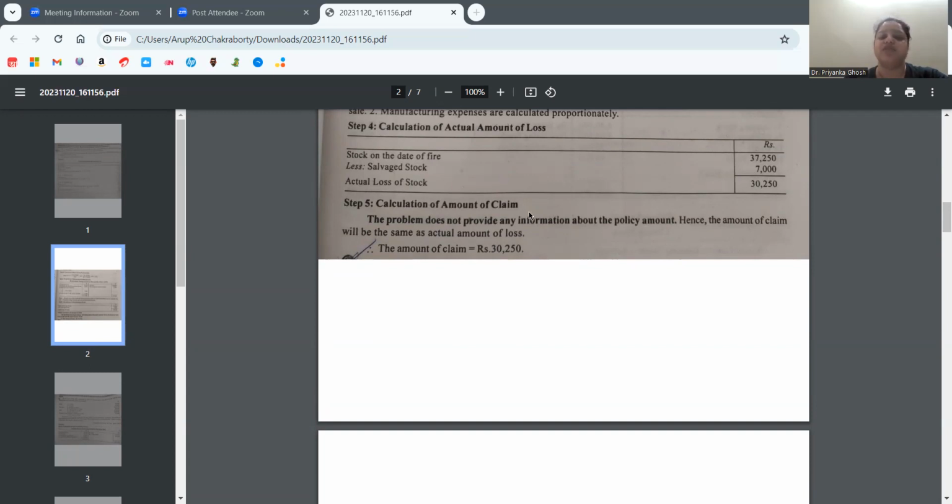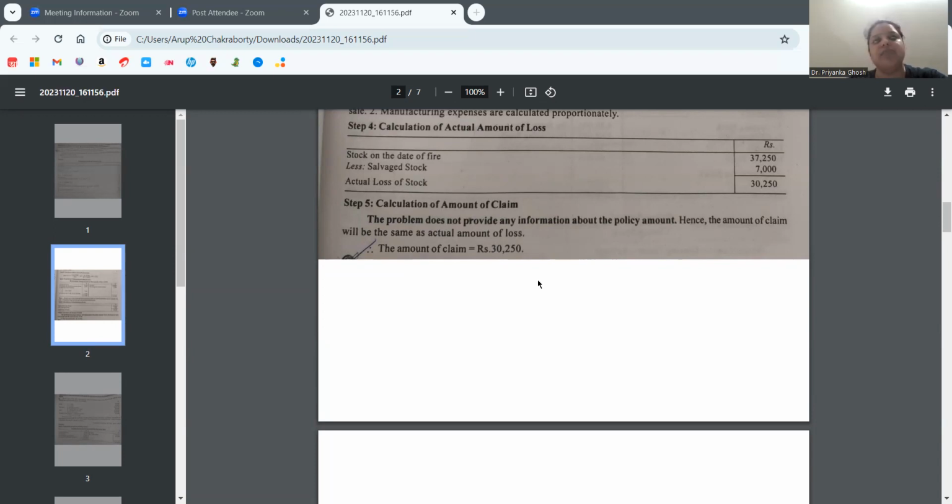Now we need to calculate the amount of claim. In this question, the policy amount is not informed. If the policy amount is informed, we need to follow one formula: policy amount into actual loss of stock divided by the value of stock on date of fire. But in this case, the policy amount is not given. So whatever the actual loss of stock is, 30,250, that only will be considered as the actual amount of claim.